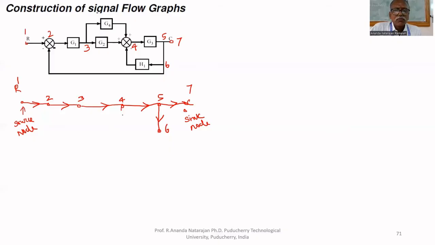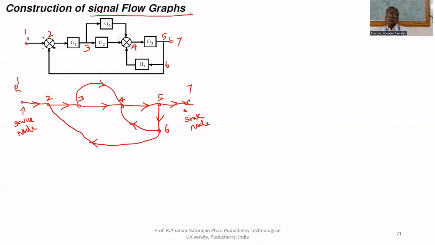Then 6 to 4 in this direction. 6 to 2 also the same direction, the feedback direction. And 3 to 4 one more direction. That's all. We have marked the directions only. Now we have to mark the gains. This type of representation is called signal flow graph representation.